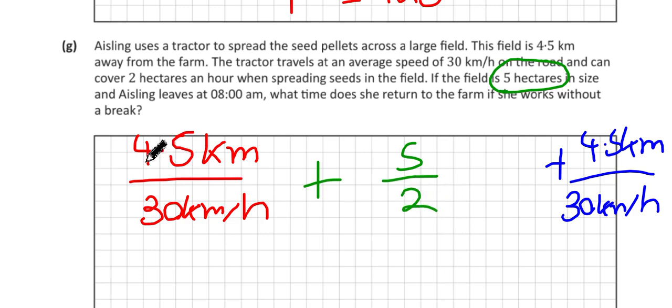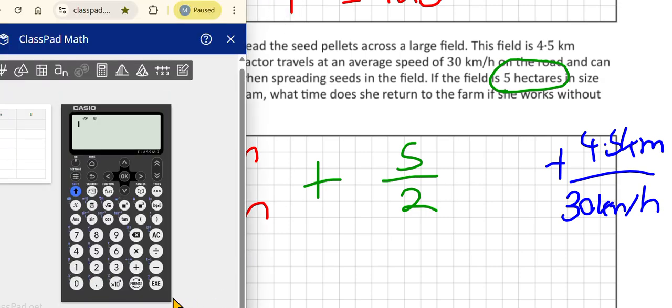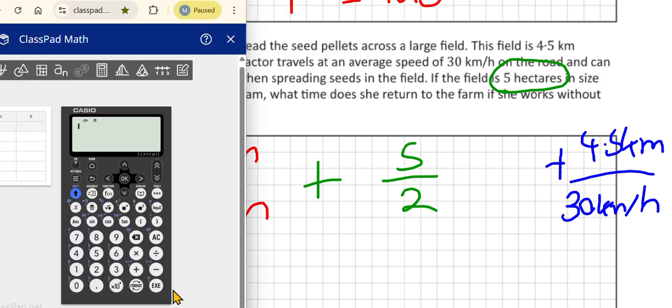Can somebody tell me what 4.5 divided by 30 is? So what we're going to do, guys, is the following. We're going to do 4.5 divided by 30, okay? But the problem with time is it's not in hundredths, it's not metric system.